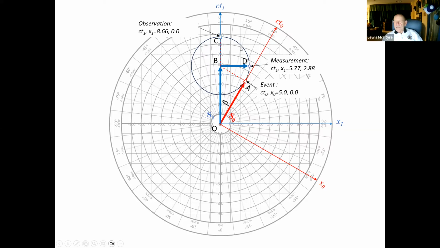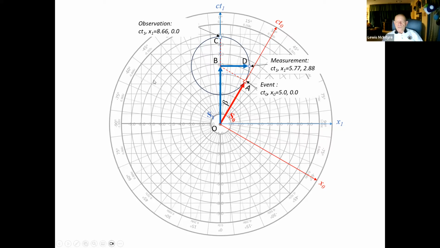The distance BD must equal the interval BC so that C equals CT1 plus X1, satisfying the speed of light between S1's measurement and observation. Since this measurement includes an X component as well as time, it's not proper, and we use a circle as its symbol.